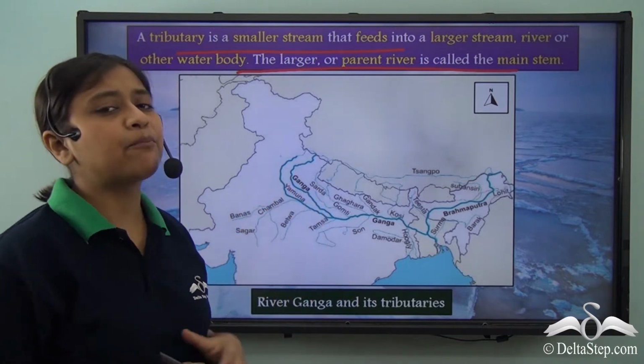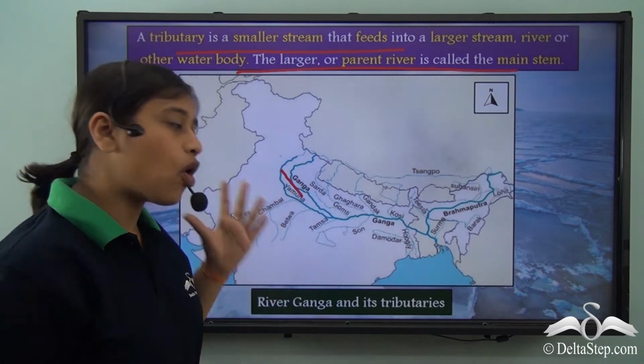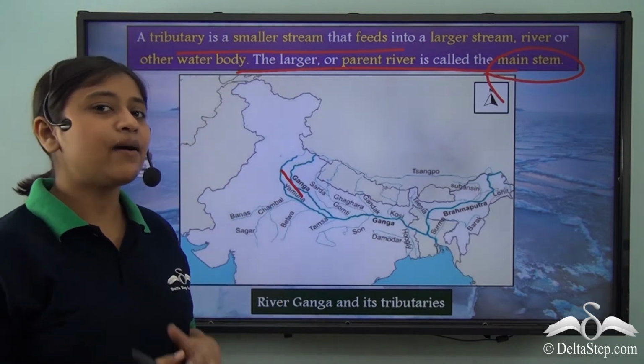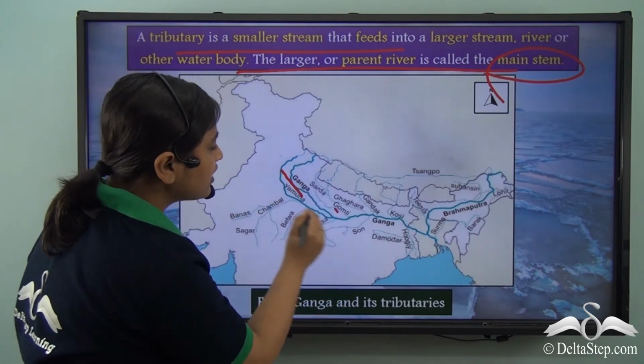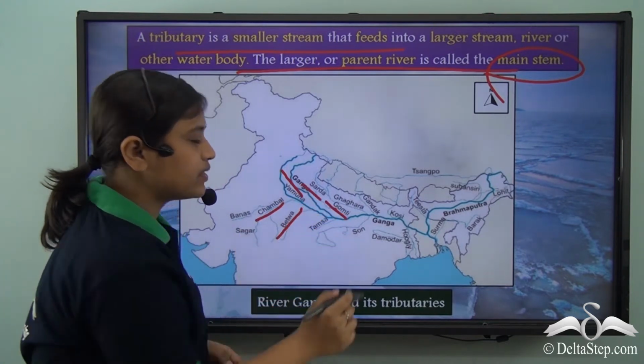So if we see the map of India, here Ganga is the parent river and it is also known as the main stem. So here Ganga is the main stem with its various tributaries like Betwa, Chambal, Sarda, Gomti, right?